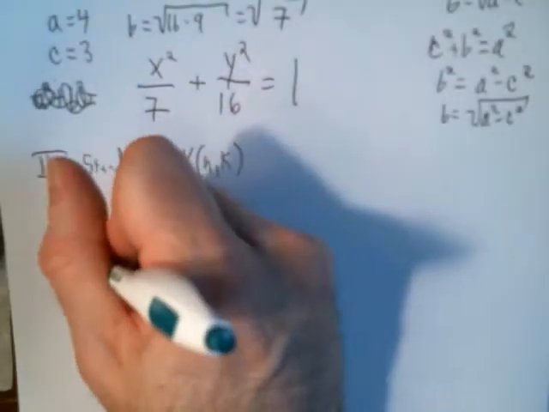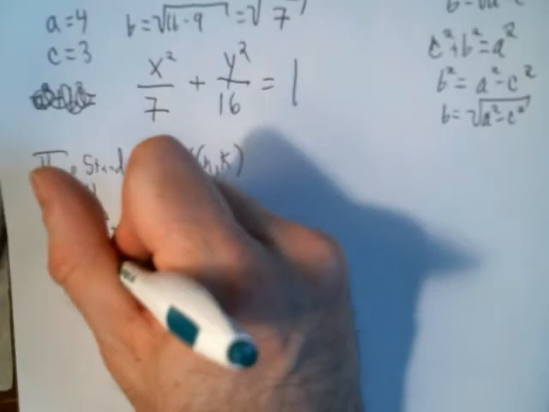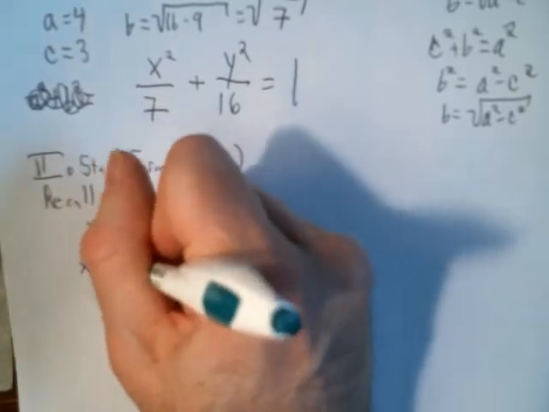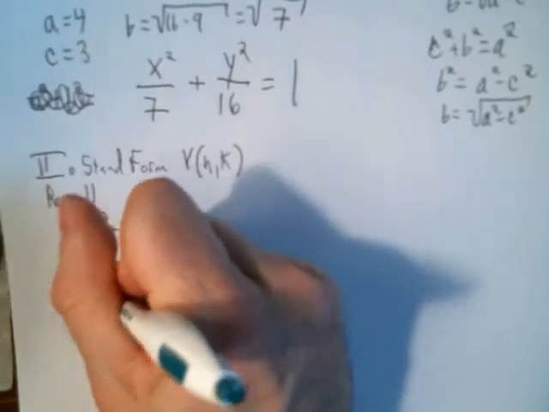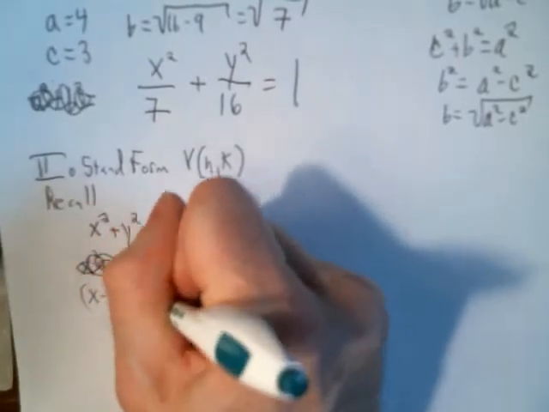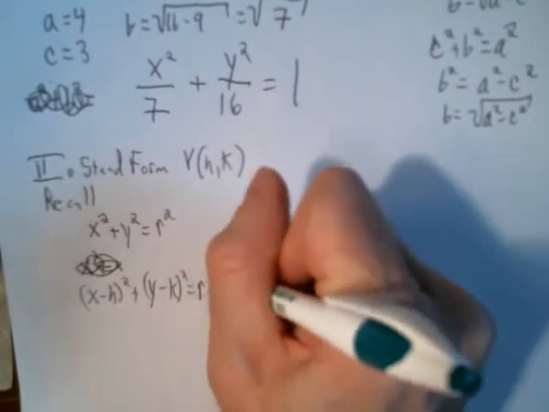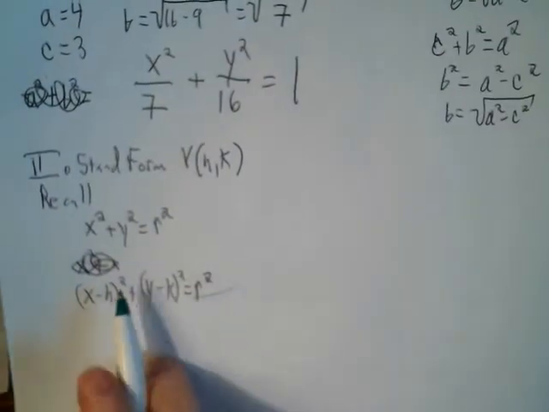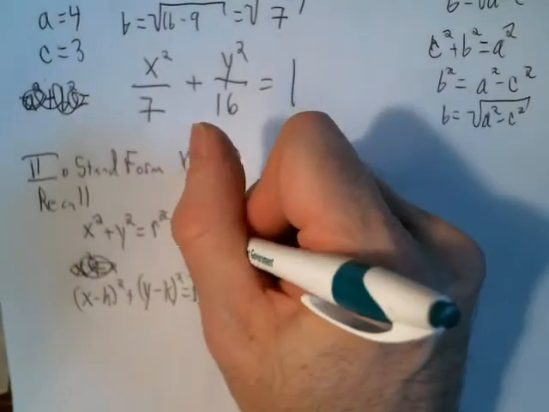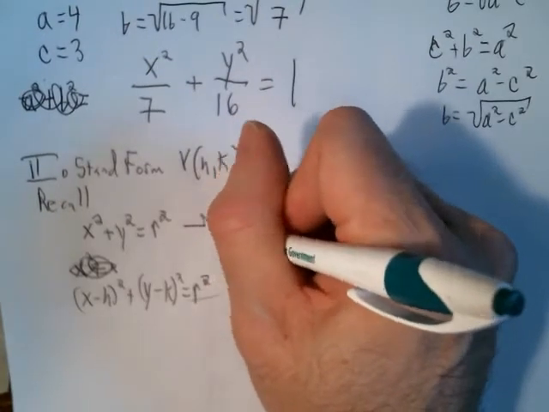Then we said the shifted version of this would be x minus h squared plus y minus k squared equals r squared. Okay. So look at this. This is very, very similar to the ellipse formula. It's just that the a and the b are the same in these cases.